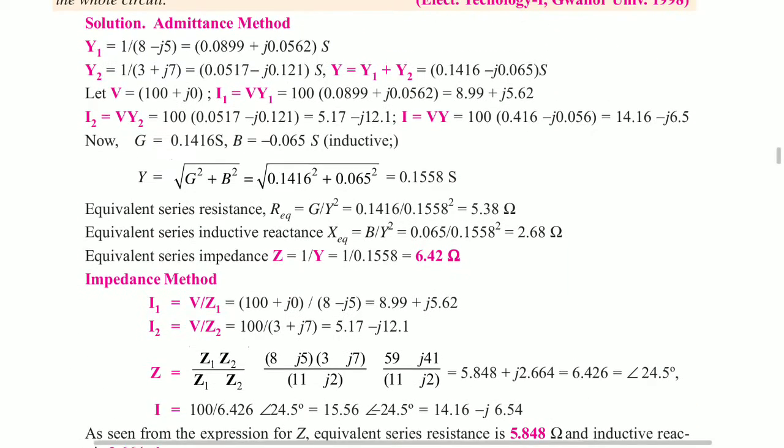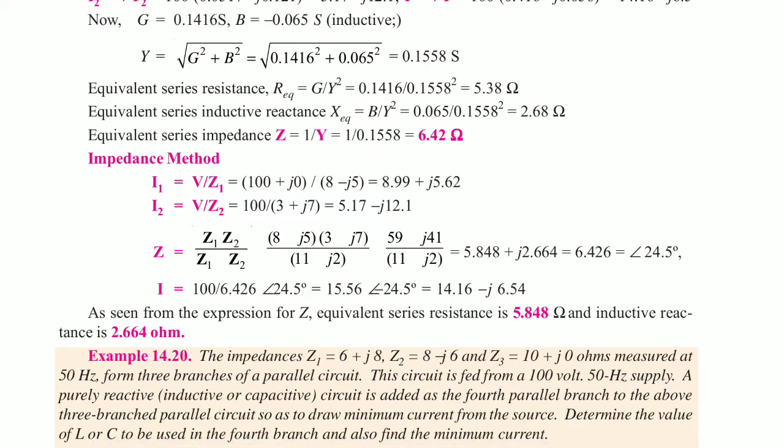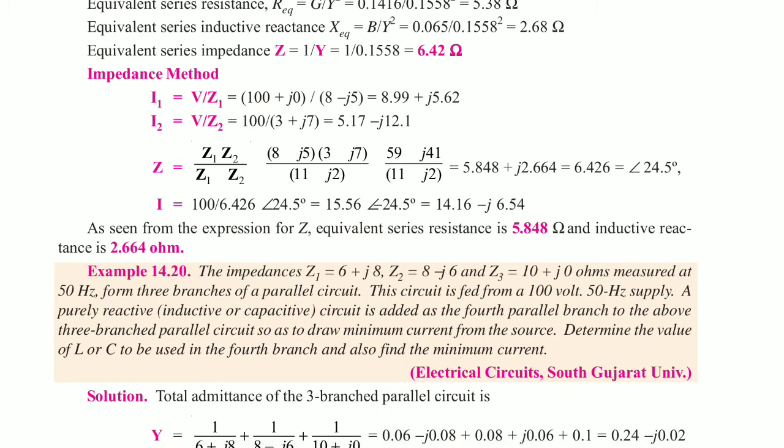Now go for the impedance method. I1 is equal to V by Z1, that is 100 plus J0 divided by 8 minus J5, that is equal to 8.99 plus J 5.62. I2 is equal to V by Z2, that is 100 by 3 plus J7, equal to 5.17 minus J 12.1. Now Z is equal to Z1 Z2 by Z1 plus Z2, which gives 5.848 plus J 2.664, that is equal to 6.426 angle of 24.5 degrees.